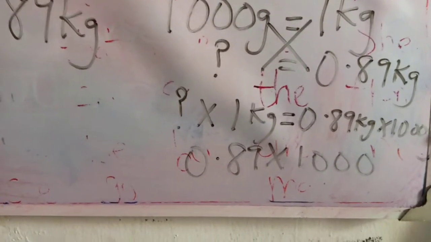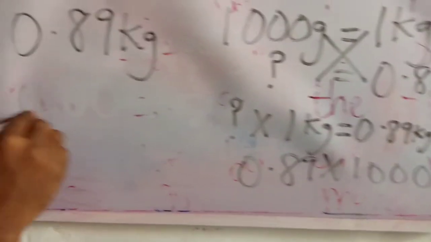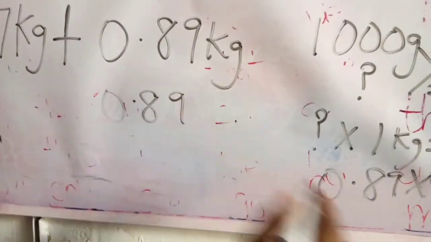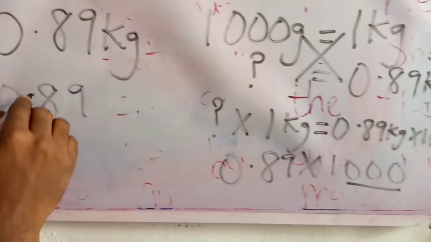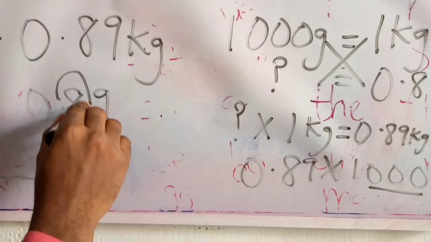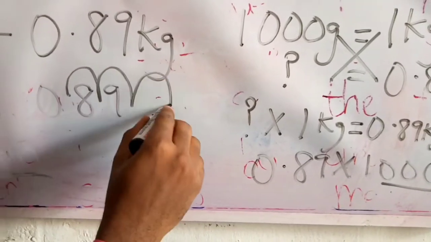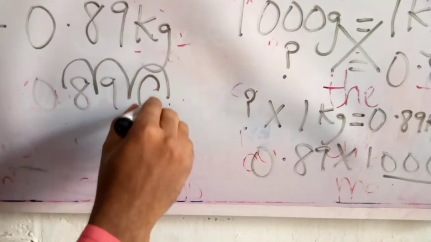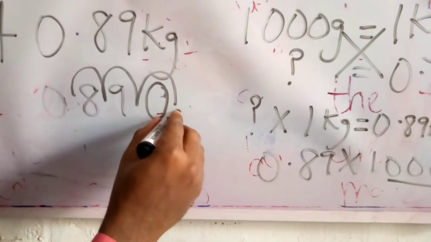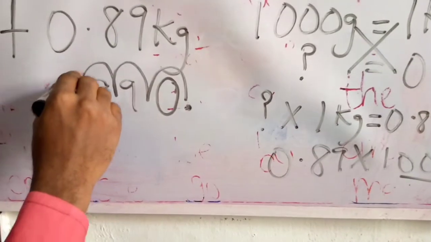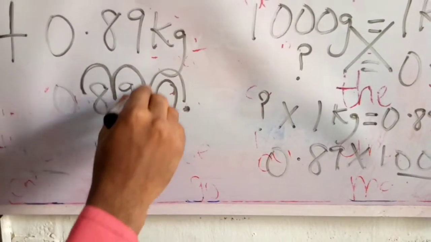So with this, I'll count. How many zeros do we have in 1000? I'll count 3 steps. 1, 2, 3. In this point, we have space. And remember your decimal point moves from here 3 steps, 2, 3.